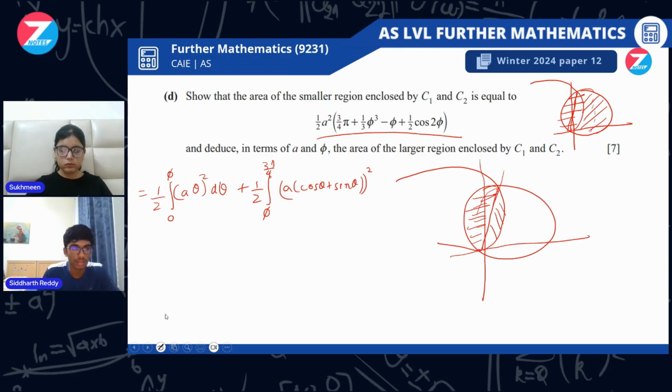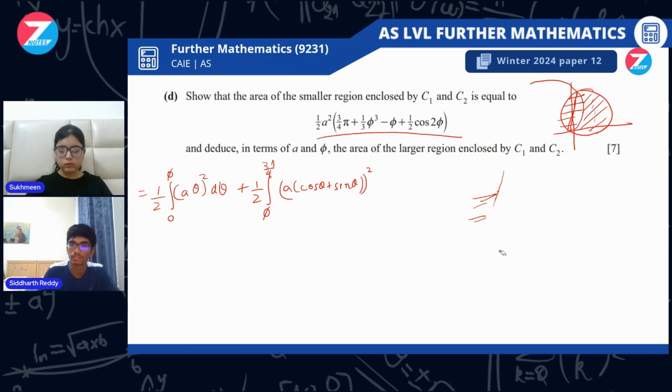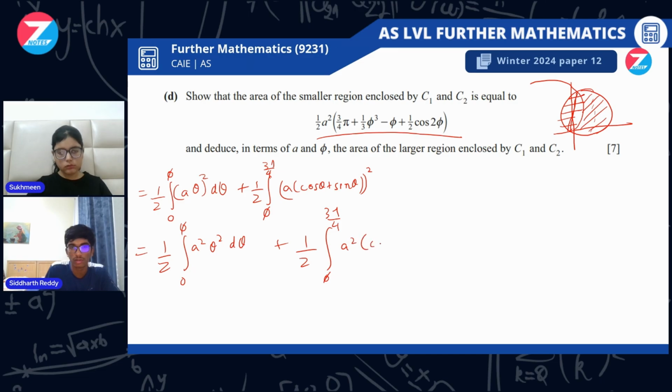Okay, I'll be erasing the diagram. So this is equal to 1 by 2 into the integral from 0 to phi of a square theta square d theta, plus half of the integral from phi to 3 pi by 4 of a square into (cos square theta plus sine square theta plus 2 cos theta sine theta) d theta. a square is a constant, so we can bring it outside.